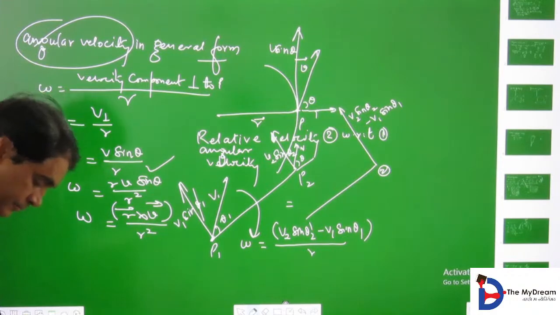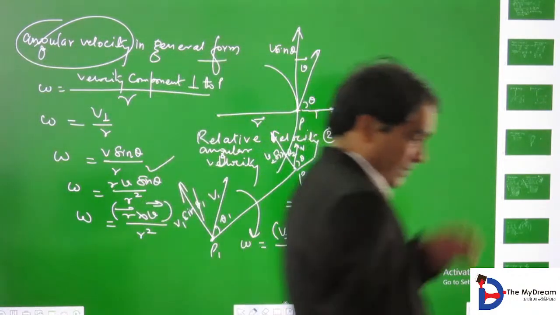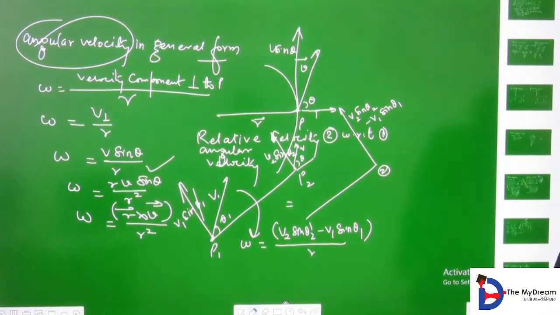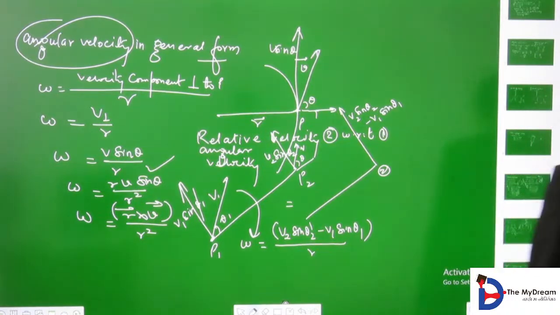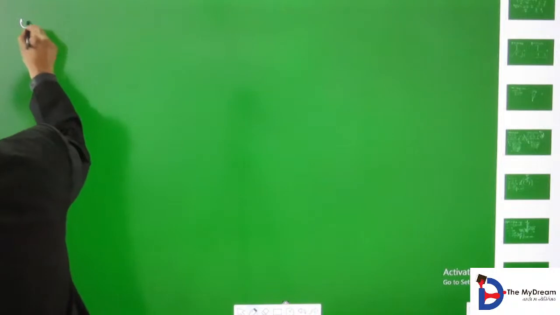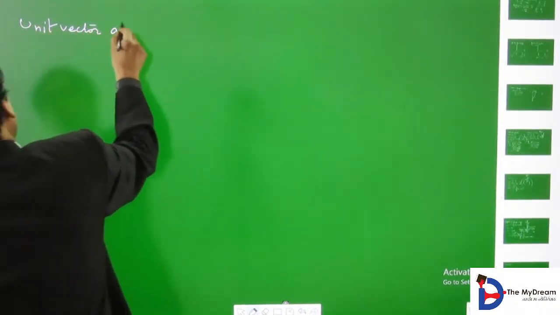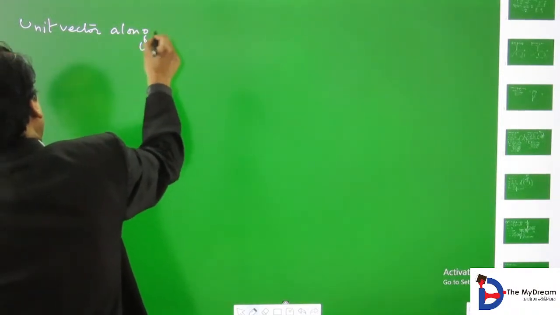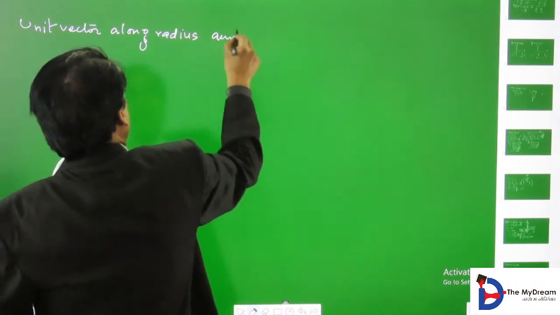Now, the next topic is unit vector along radius and tangent. Unit vector along radius and tangent.